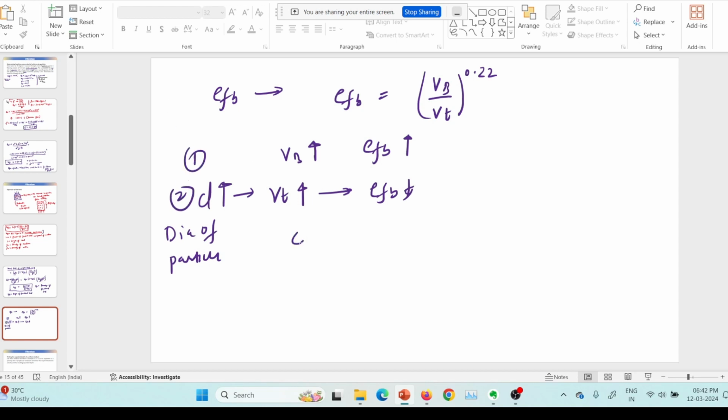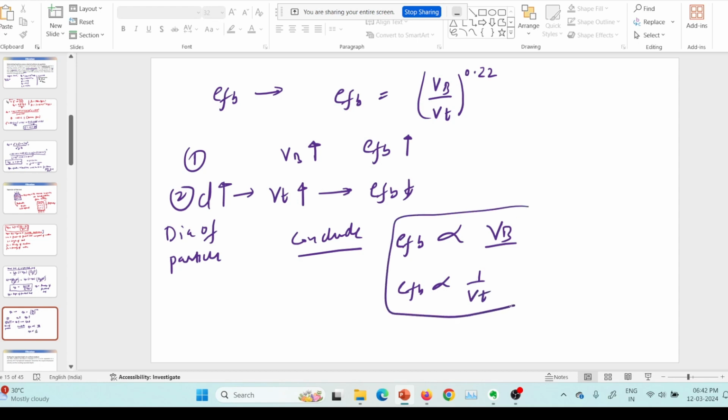So here we can conclude that EFB is directly proportional to backwash velocity and inversely proportional to terminal settling velocity of the media particle. The units will be in meter per second. Both units should be the same.